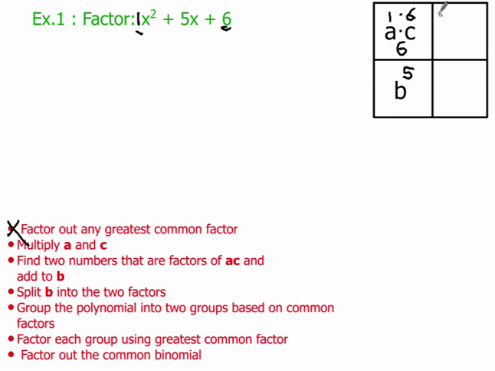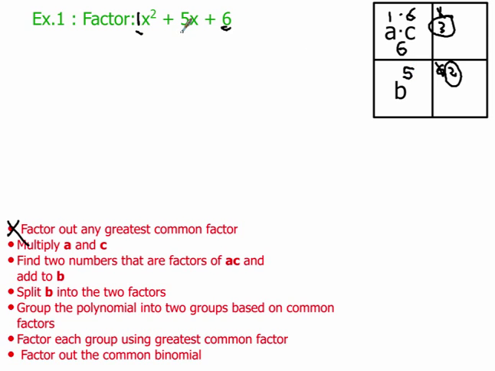So let's figure that out. Factors of 6. Well, that's like 1 and 6. 1 times 6 equals 6, but 1 plus 6 equals 7, not 5, so I don't want to use these. How about 3 and 2? 3 times 2 equals 6, and 3 plus 2 equals 5. So these are the two terms that I want because they multiply together to get a times c, and they add together to get b.